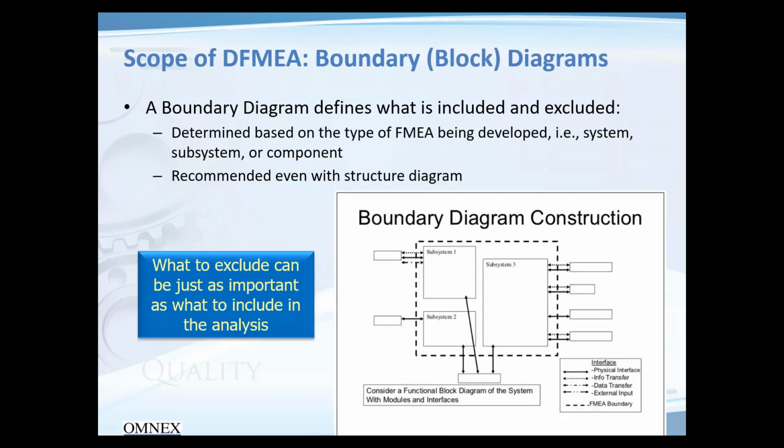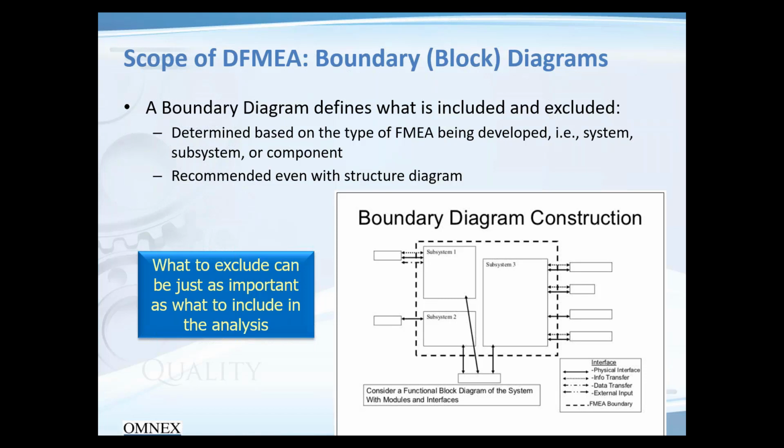And so we still recommend the use of a boundary diagram. When I was working at GM, I did a lot of work with this type of system, and we still needed to do boundary diagrams, because when we go to the structure diagram, you lose track of what the design interfaces are.